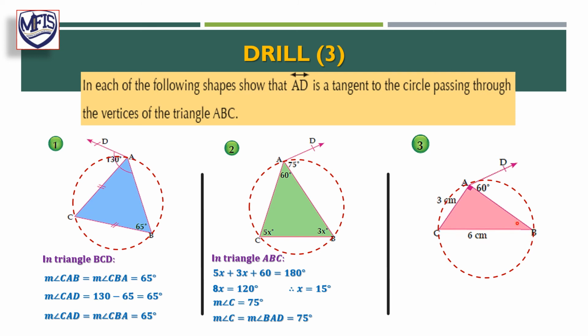Yes, then measure angle B equals 30 degrees and the measure angle C equals 60 degrees. Now measure angle DAB equals 60 and also measure angle C equals 60 degrees. That means AD is tangent of the circle which passes through the three vertices A, B, C.